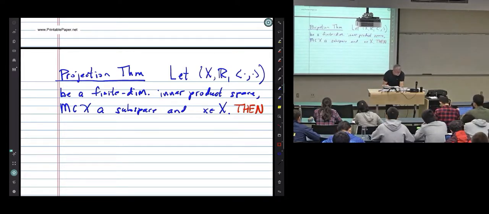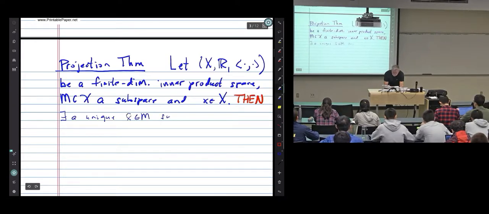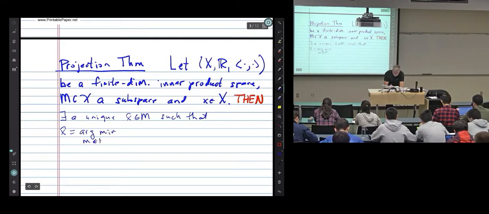Then there exists a unique x hat in M such that x hat equals argmin over m in M of the norm of x minus m.